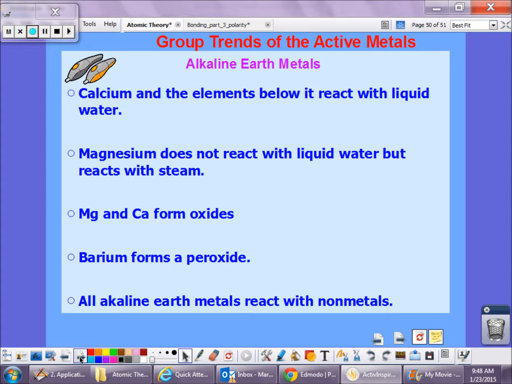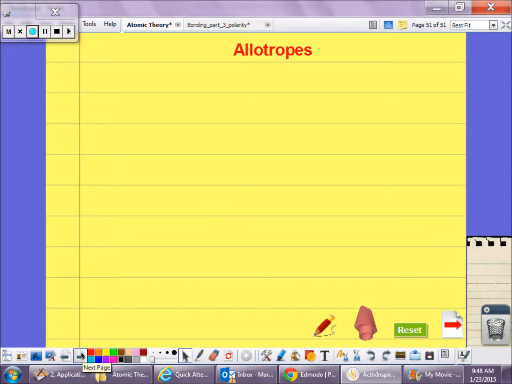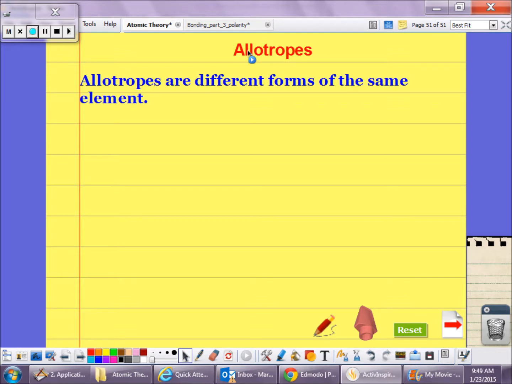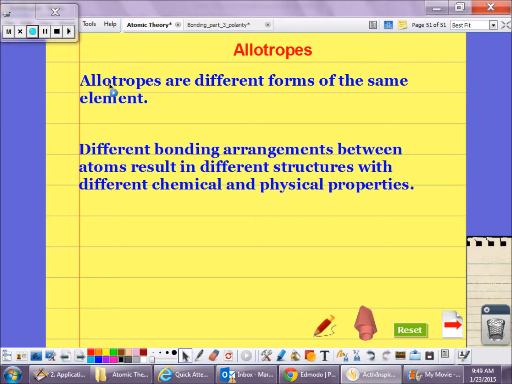And the last page: what are allotropes? Allotropes are the same element in the same state with different structures and different properties. They are different forms of the same element. Different bonding arrangements between atoms result in different structures with different chemical and physical properties.